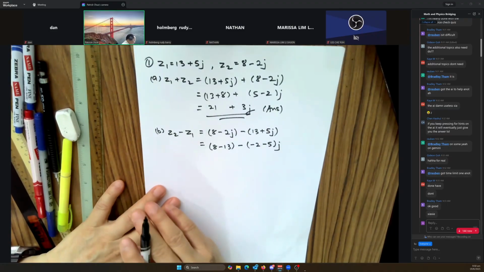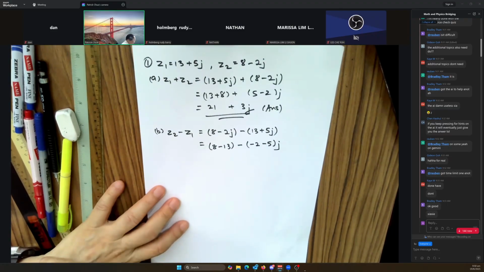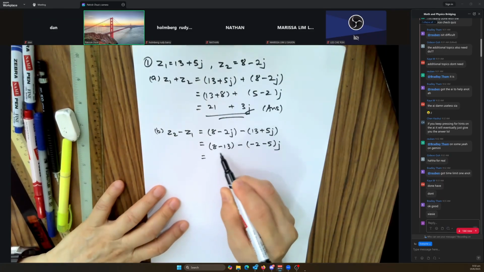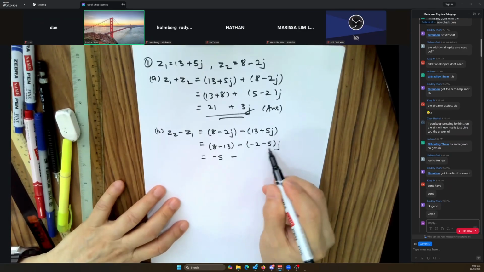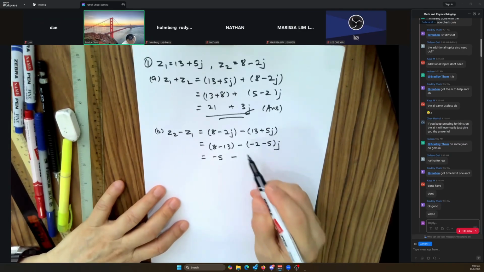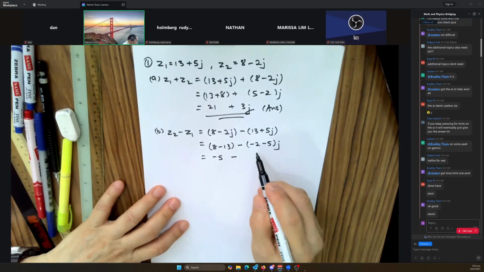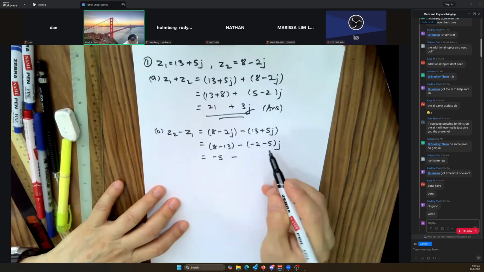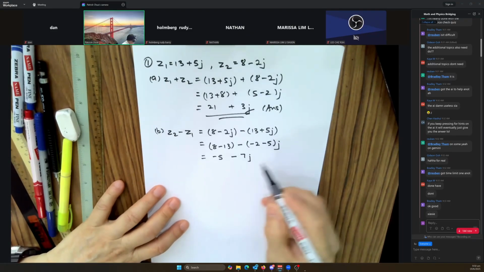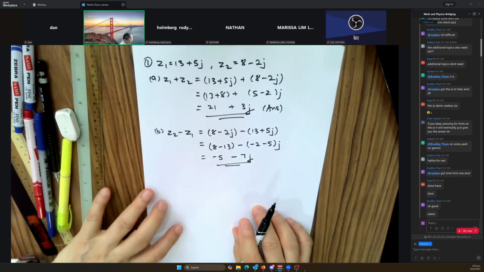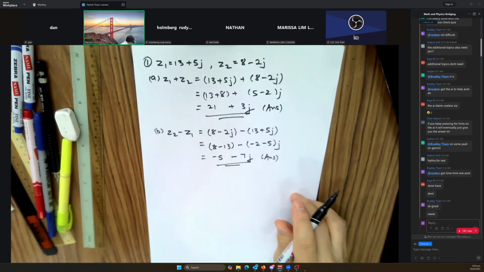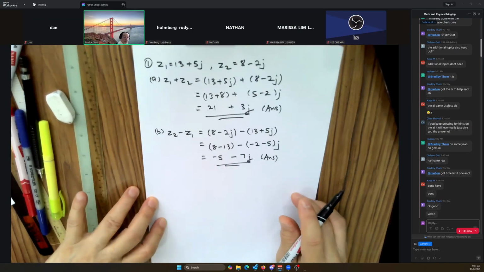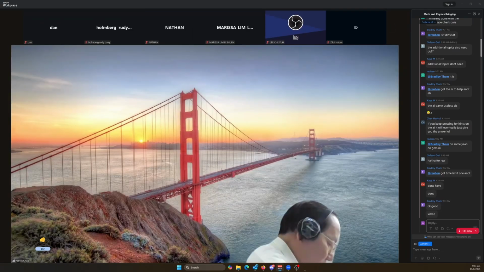Normal steps, as you would evaluate terms like this. So you have minus 5, and minus 2 minus 5 is minus 7, so it's minus 7J. Minus 5 minus 7J. That's number 1, A and B. Okay, so that is done. Number 2, the product.